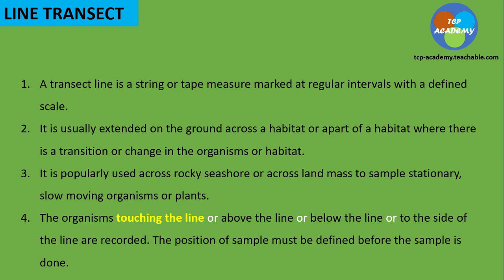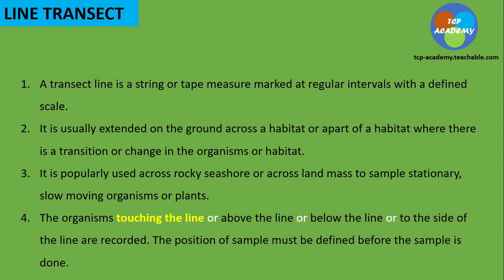The organisms touching the line transect are usually sampled for CXC, or we could look at the organisms that are above the line, below the line, or to the side of the line. Now, these are usually recorded as part of your observation. The position of the sample, wherever you're going to read, is supposed to be defined before the sampling is done.